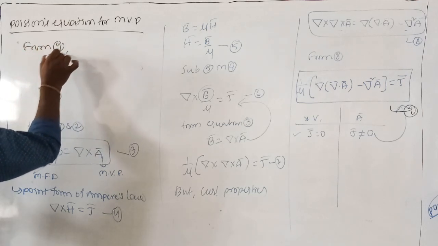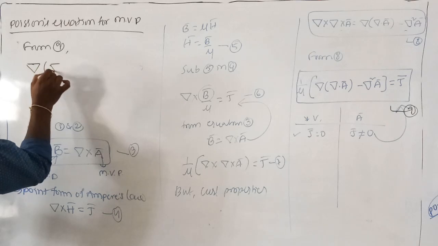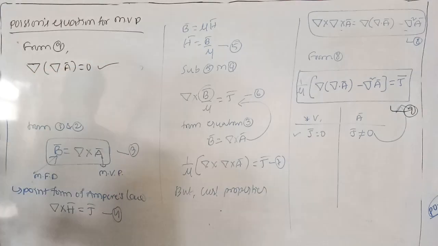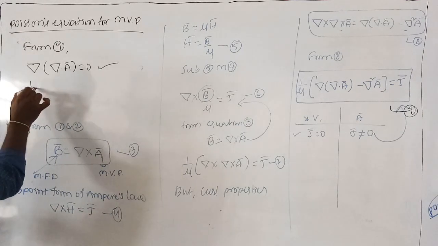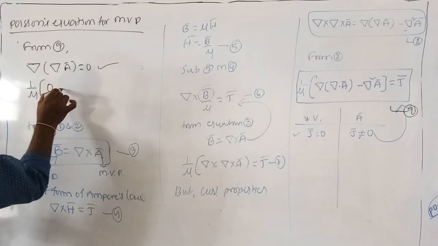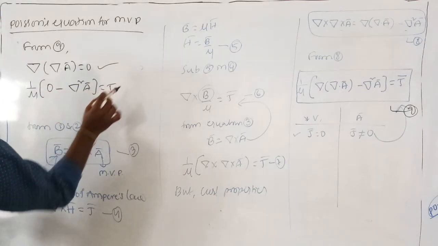It will be simple from equation 9. From the property, del dot A bar is equal to 0. If you substitute it in equation 9, 1 by mu times of 0 minus del square A bar equals J bar.